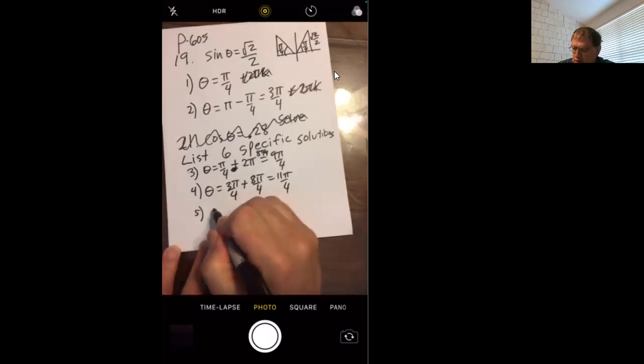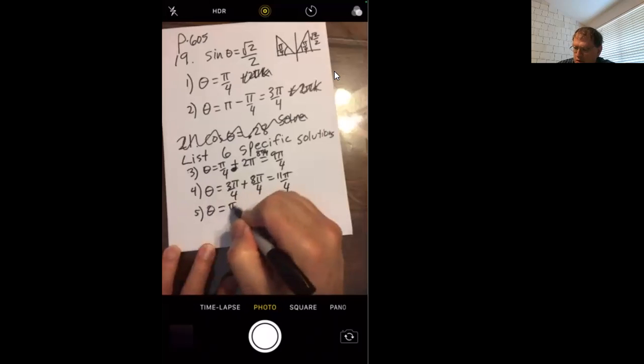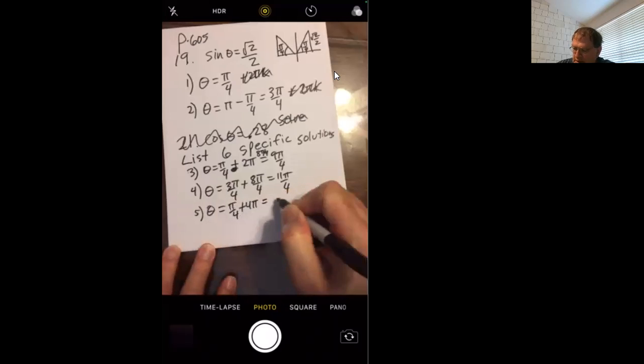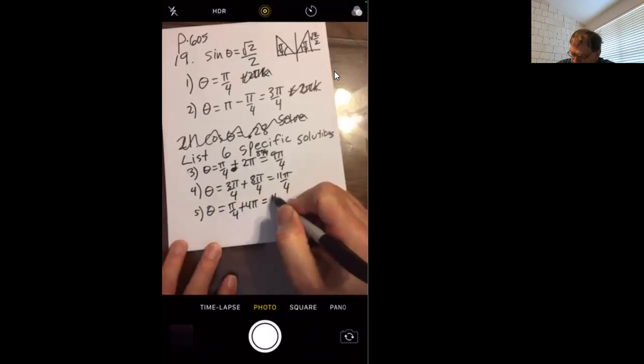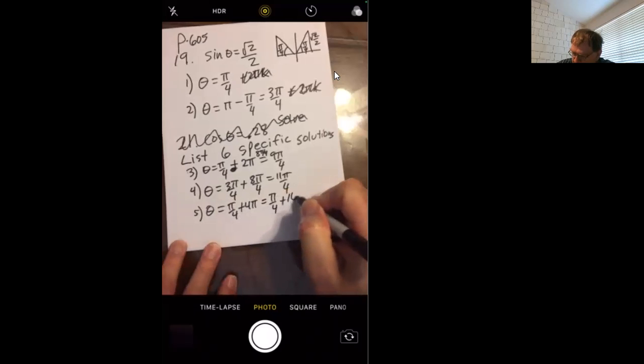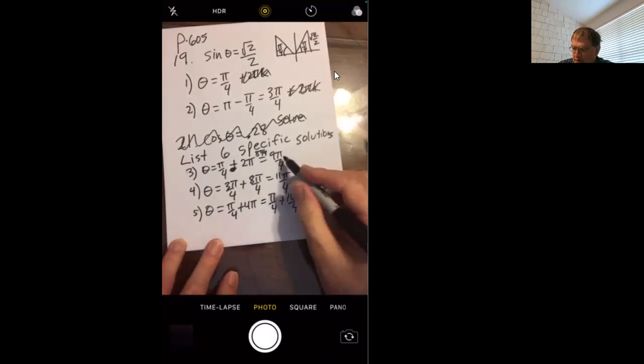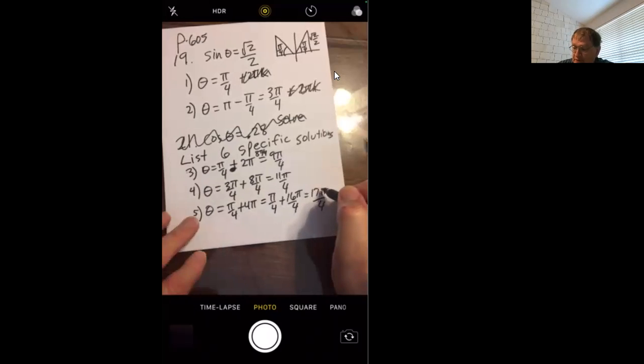All right, we'll go pi over 4, add 4 pi. That would be 16 pi over 4, so 17 pi over 4. Notice there's an 8 pi over 4 difference between 9 and 17, as there should be. This is once around, this is twice around, so there's still a 2 pi difference.